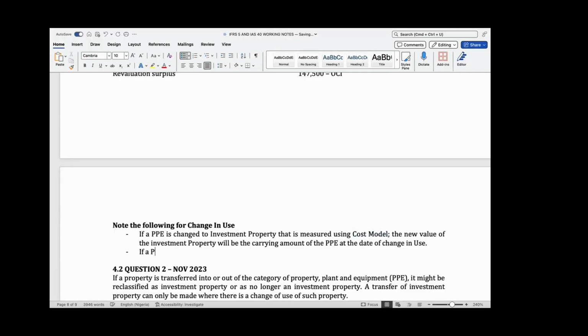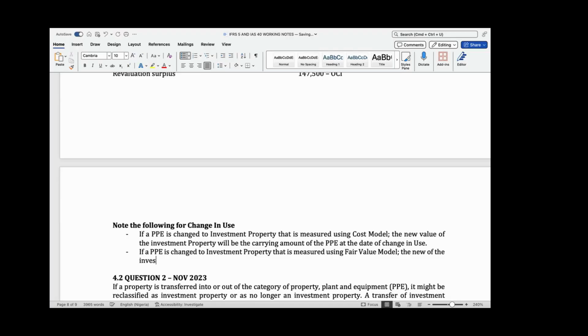But if a PPE is changed to an investment property that is measured using the fair value model, in this case the new value of the investment property will be the revalued amount of the PPE at the date of change in use.